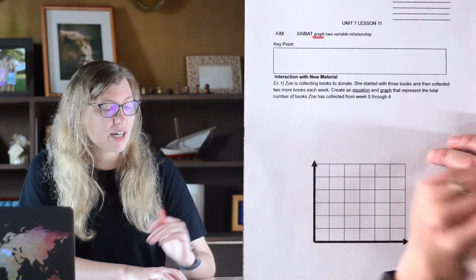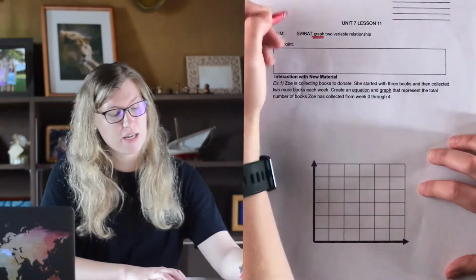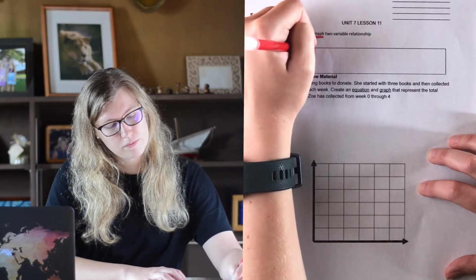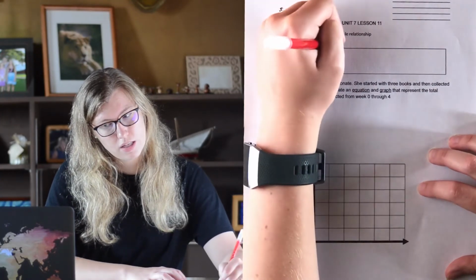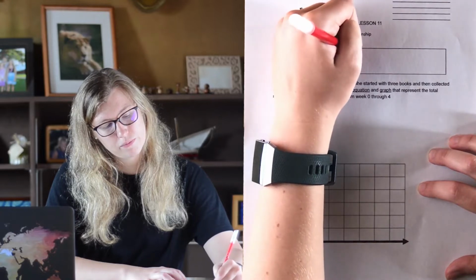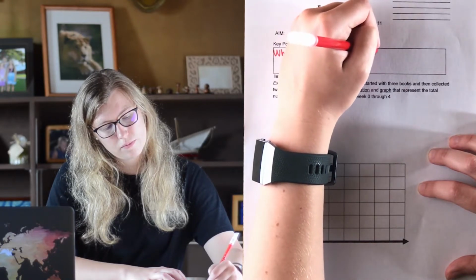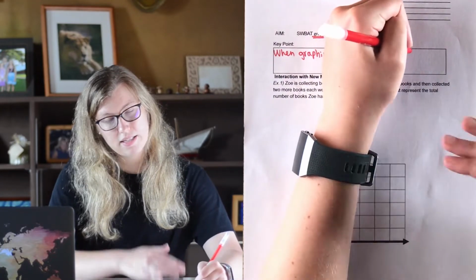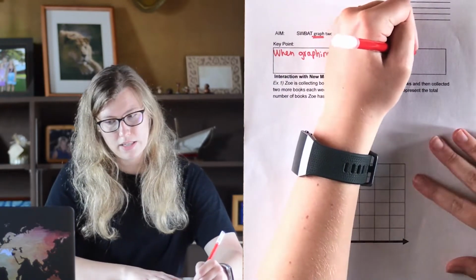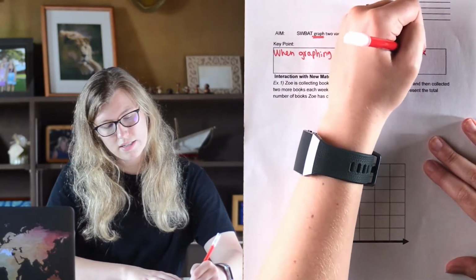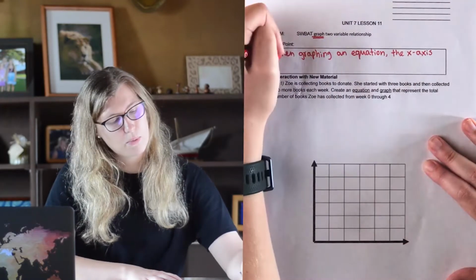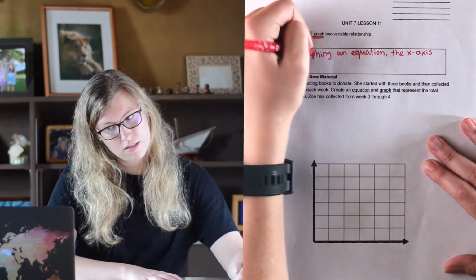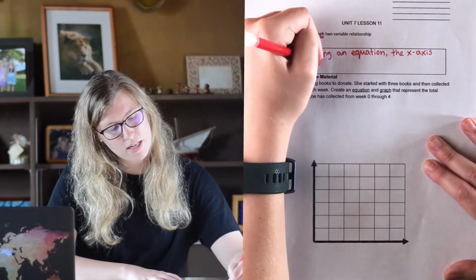So our key point for today is about graphing. When graphing an equation, the x-axis, remember that is our horizontal one, the x-axis represents the independent variable.